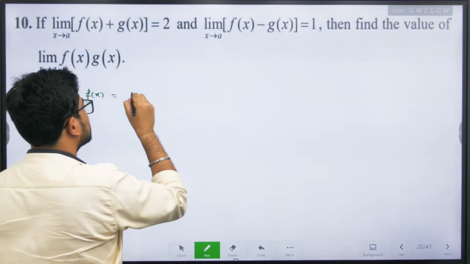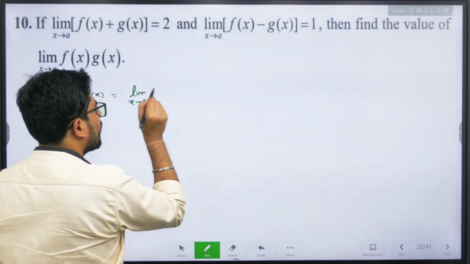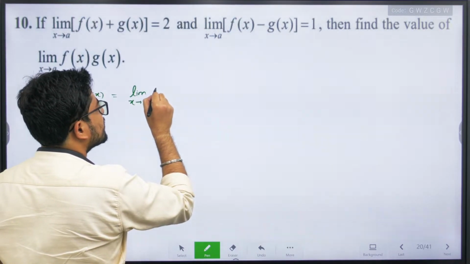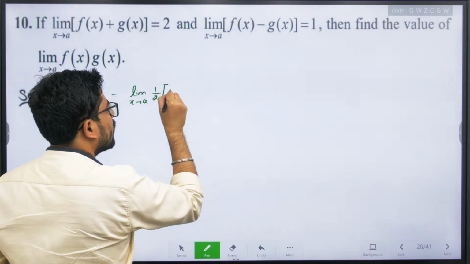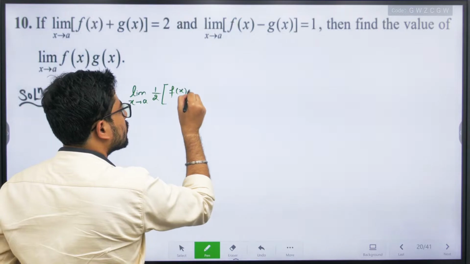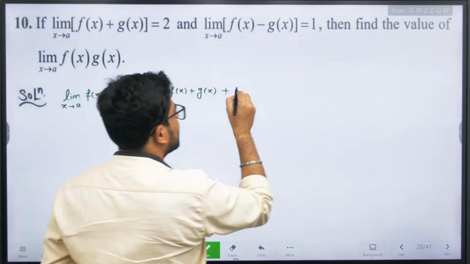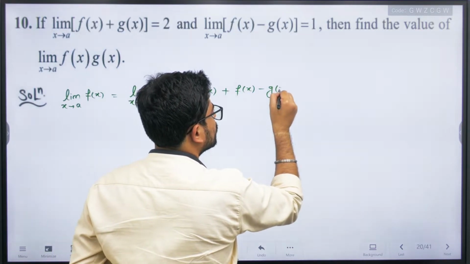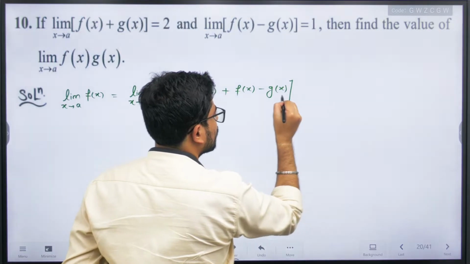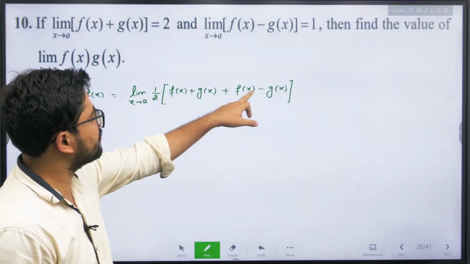This can be written as limit x tends to a of one by two into f(x) plus g(x) plus f(x) minus g(x).